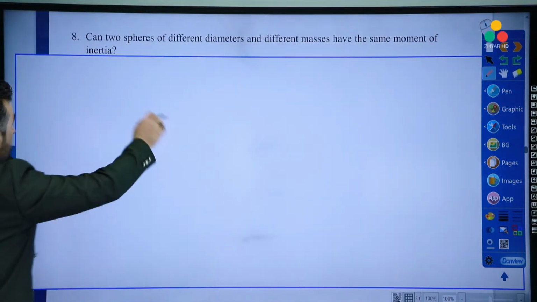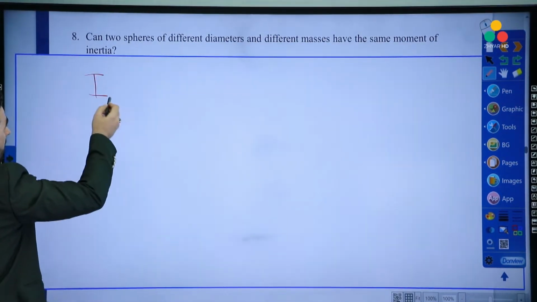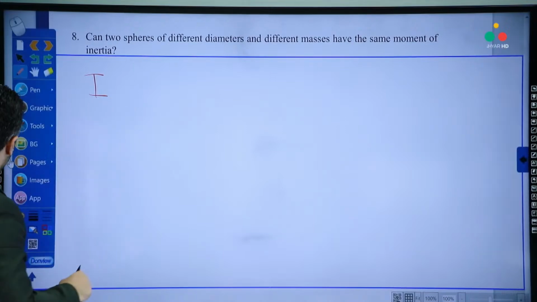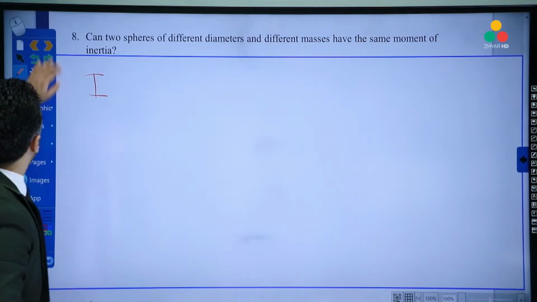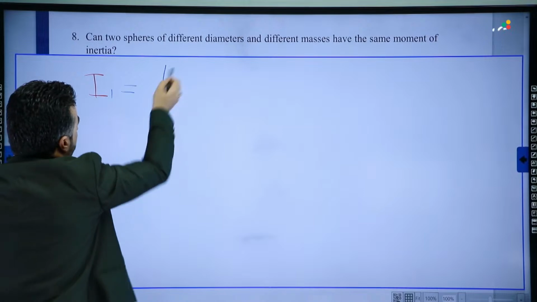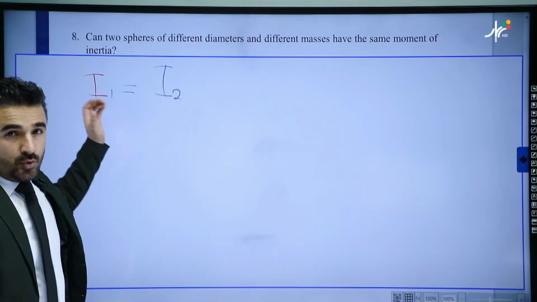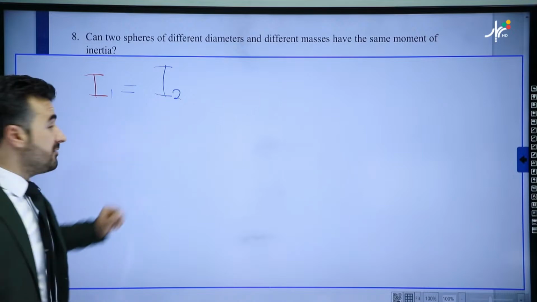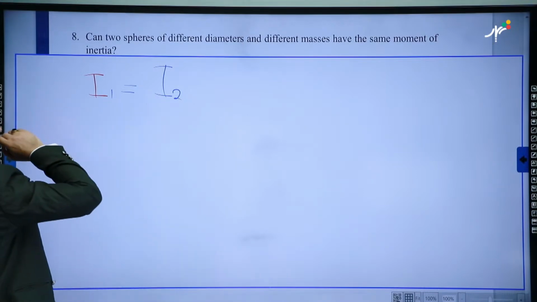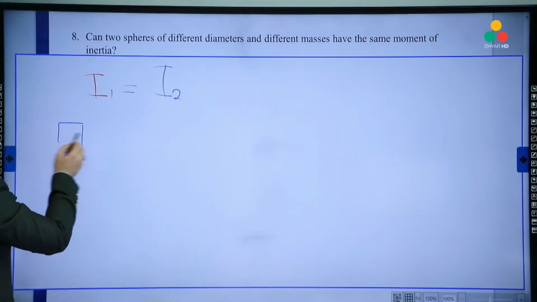The answer is yes. When we say different spheres, of course, that means the moment of inertia of the first one must equal the moment of inertia of, let's say, the second one. So remember this. That is when we have, even though they have different diameter and different masses, yeah? But if that is the case, remember, we have two spheres, so of course there is a fraction.